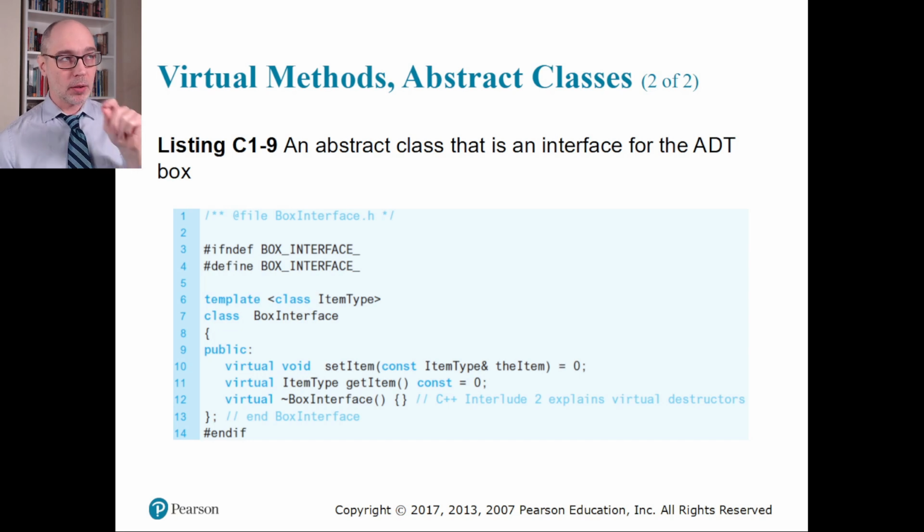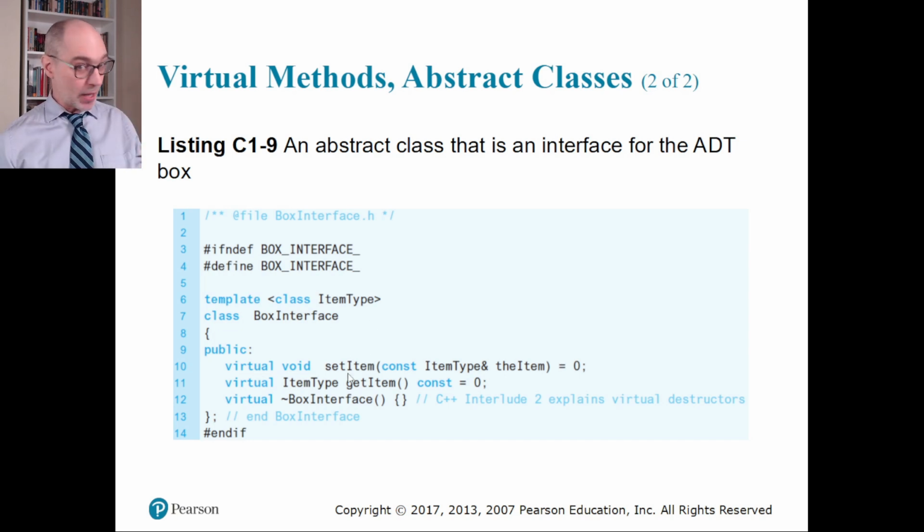So if someone was doing this kind of work in Java and then moving over to C++, it's very likely that they would call all this stuff box interface, which is exactly what's happened here in front of us. So you have a template class called BoxInterface. It has no private data whatsoever. We'll leave that to the child classes, and it's setting up what kinds of functions you need.